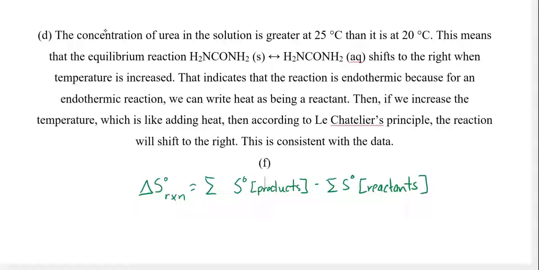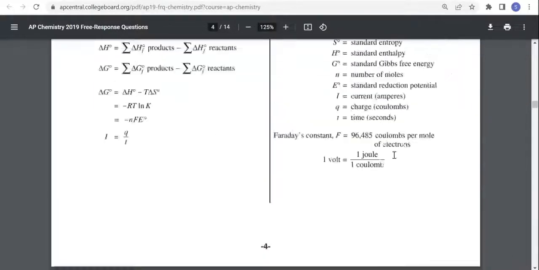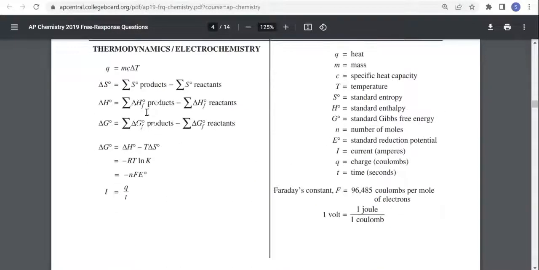Now you probably don't necessarily have to write this equation out, but this is the equation we're going to use, and this equation is on your formula sheet. So if we scroll up here, it's right here. That's the equation we're going to be using.